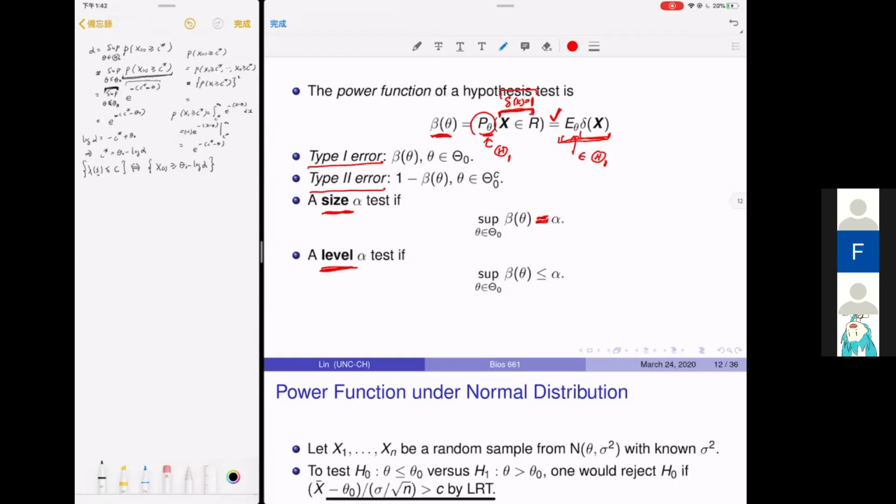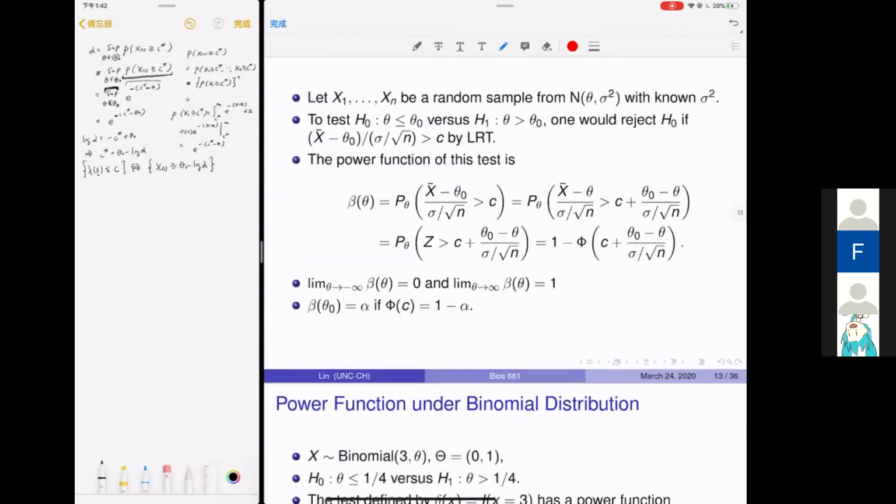Although I didn't write the power function right here, keep in mind this is the null space, so under the null I reject it, which is a type 1 error, and that's alpha. A level alpha test is one where it is smaller than alpha.